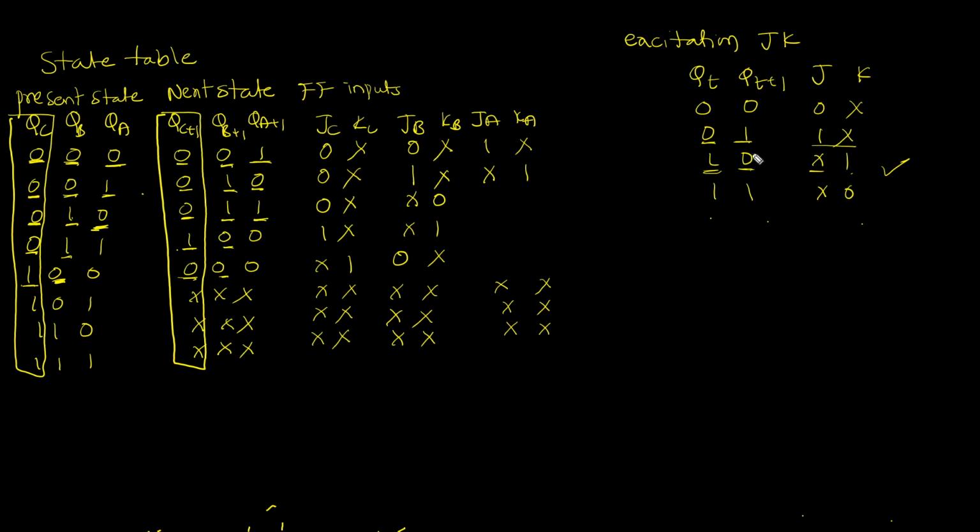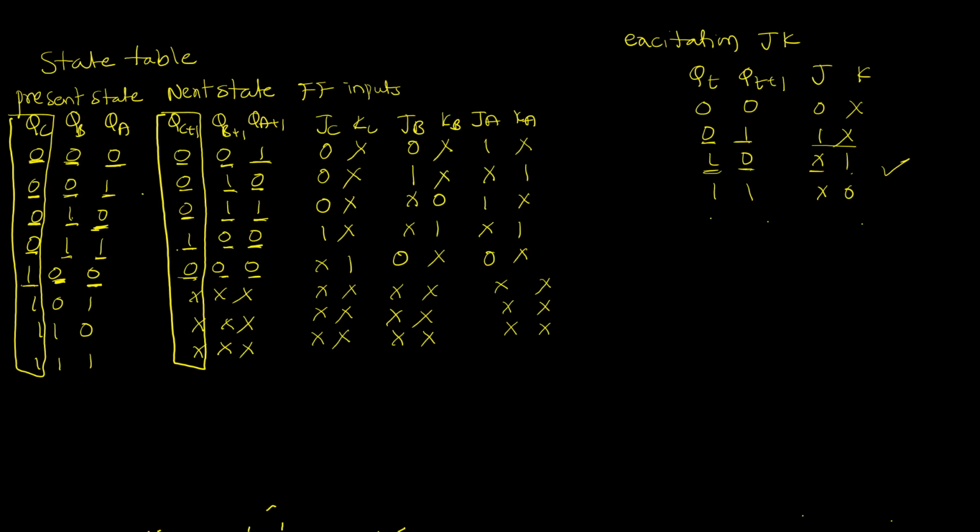So 0 1. 0 1 is 1 don't care. Next, 1 0. For 1 0, don't care 1. Right? Fifth case. What is the fifth case for QA? It is 0, whereas this is also 0. For 0 0, it is 0 don't care. Right?